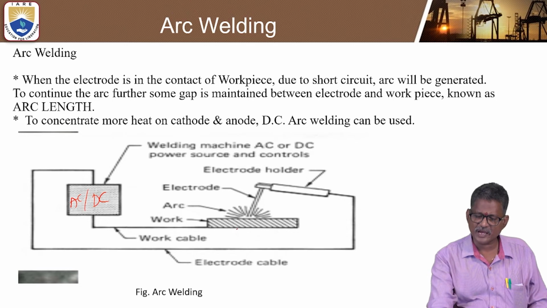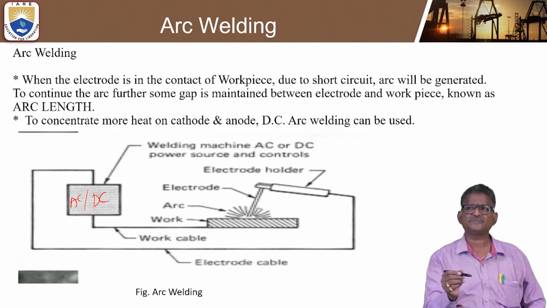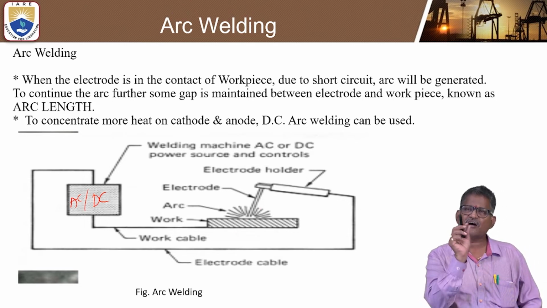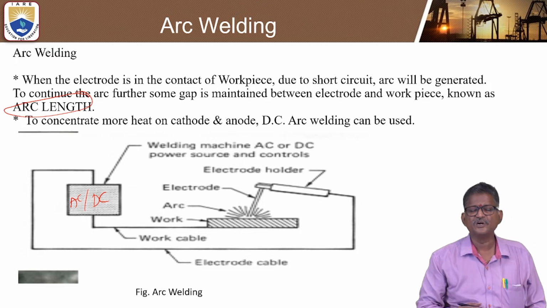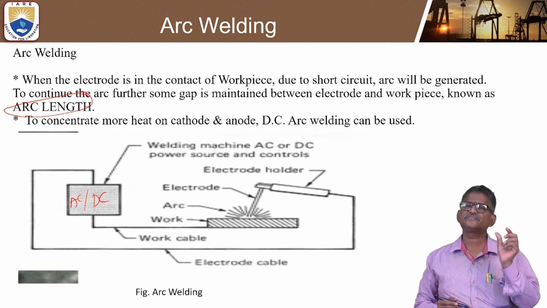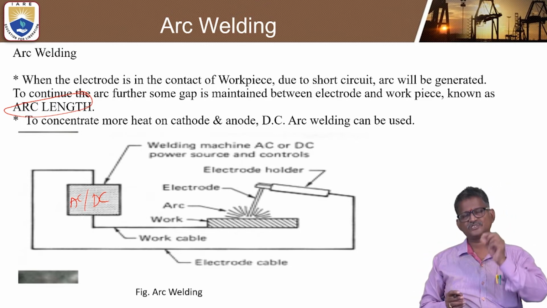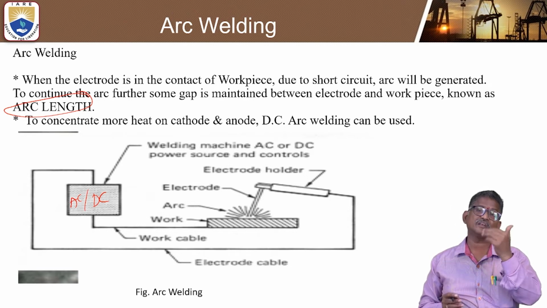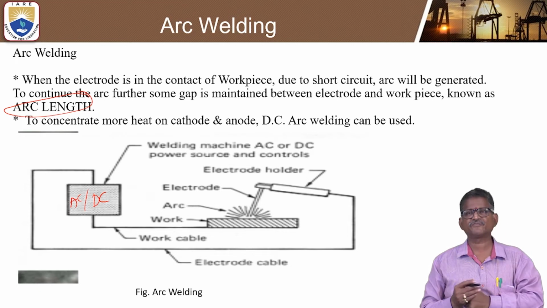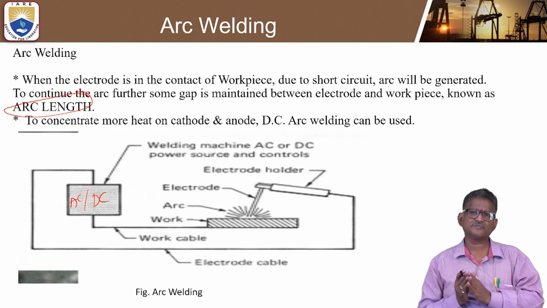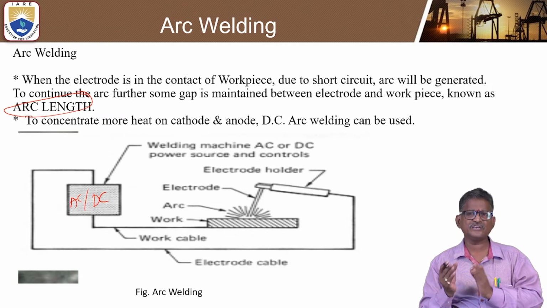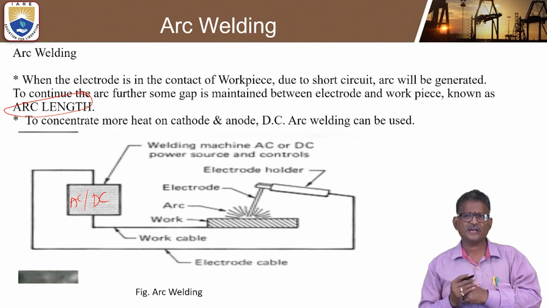That gap is known as arc length. So this term arc length is also very important. Sometimes in problems you have to determine the arc length of the welding process: how much arc length should be provided, and how much arc length can be obtained by performing any fabrication process, etc.